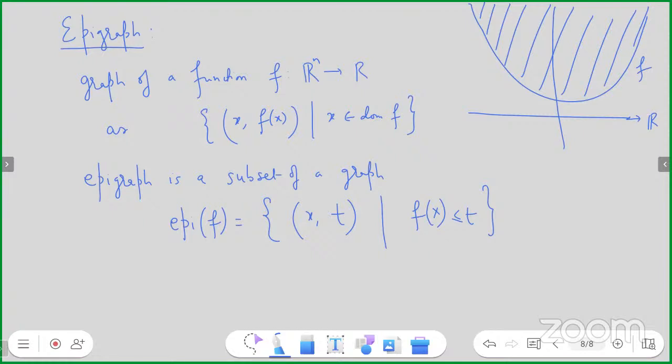So do you want to hazard a guess about the epigraph being convex versus the function being convex? We already saw we were not successful when we talked about the sublevel sets. We are not able to characterize a function and its alpha sublevel set as being equal to each other. Question is, is there better hope here?